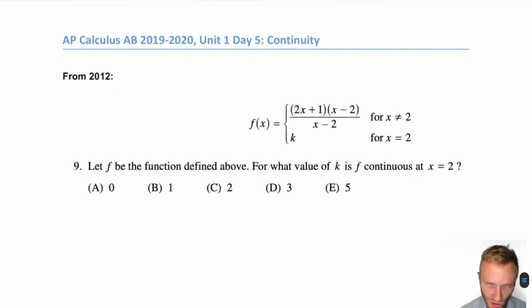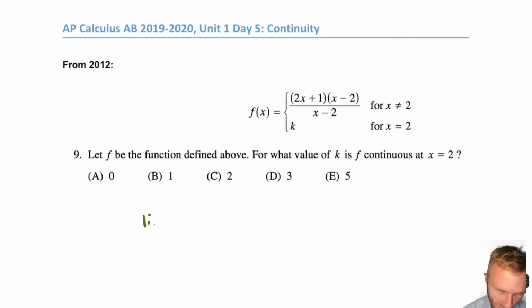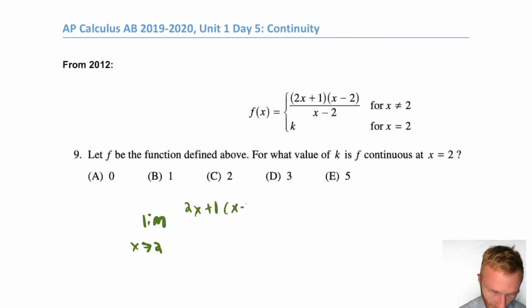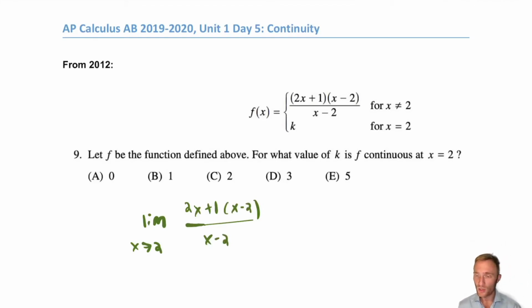Again, this is multiple choice, how much work you do here is really up to you on the actual AP exam. So we'd have the limit as x approaches 2 of (2x plus 1) times (x minus 2) over x minus 2. If you try direct substitution, you get 0 over 0.